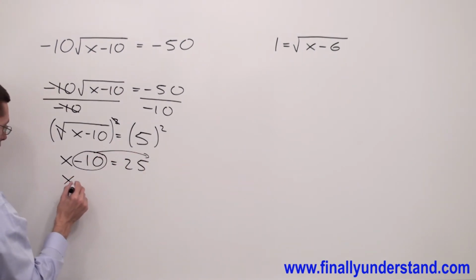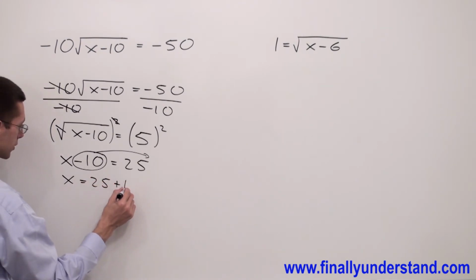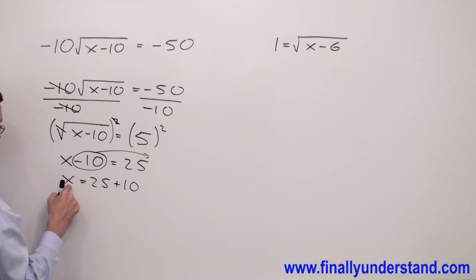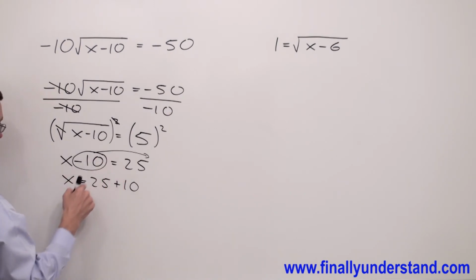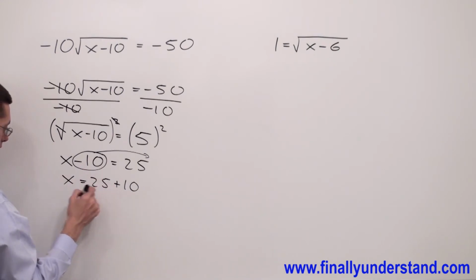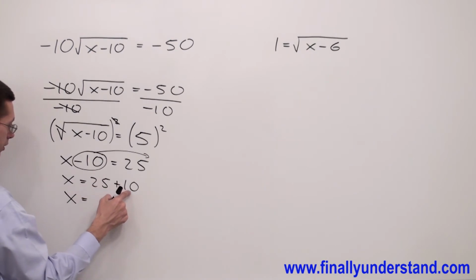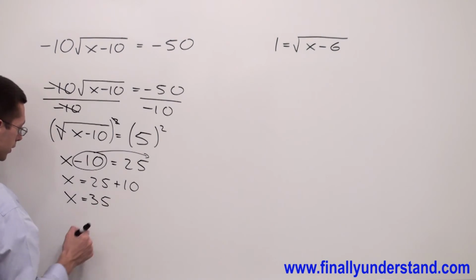So I have x equals 25 plus 10. Because x is staying at the same position as at the beginning, and 25 stays, just 10 was moved. That's why negative was changed to positive. I have x equals 25 plus 10 equals 35.